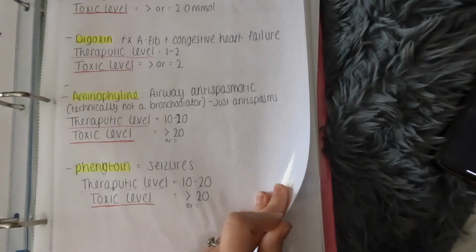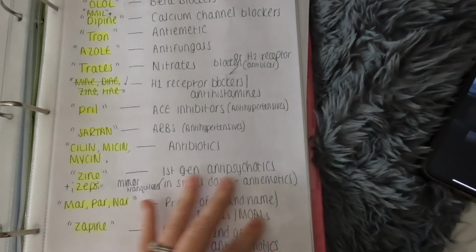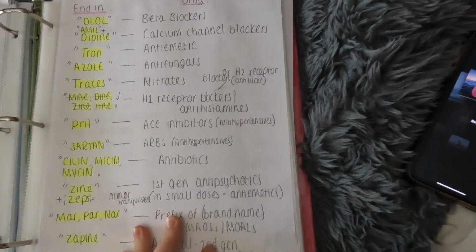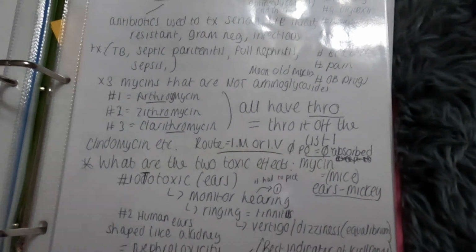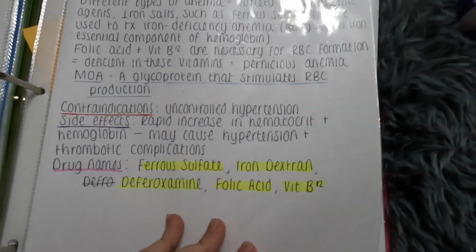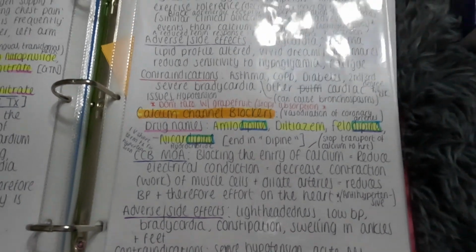I have some ACLS medications, and again drug toxicities, and the levels are here, which is, like I said, one of my tips to get that in. And then I have the drug classifications and how they're related. Mine was just a bit of a scribble, but I will link something in the description box below. And then I get into everything, which again I decided to write everything out.